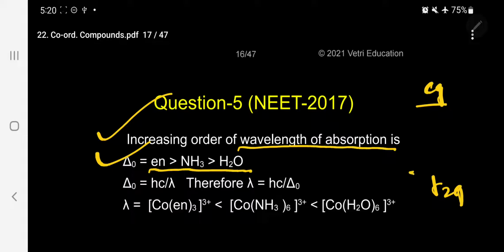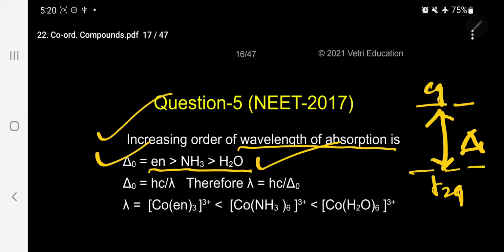This difference is nothing but delta 0. This delta 0 depends upon the strength of the ligand. If the ligand strength is stronger, crystal field energy will be higher. If the ligand is weak, the energy will be less.